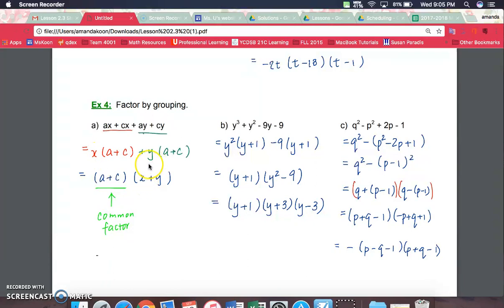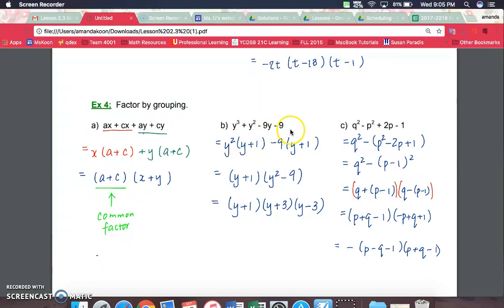From the green term, I will end up with a y. So a plus c times x plus y. And now there is no add or subtract between these 2 brackets. We are talking about one single term, which is the factored form, because it's multiplication, of ax squared plus cx plus ay plus cy.